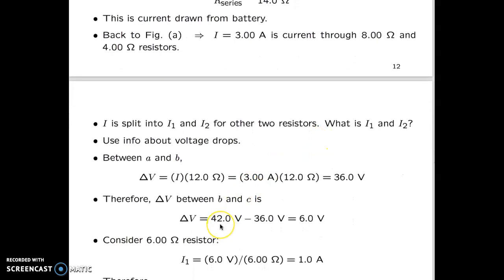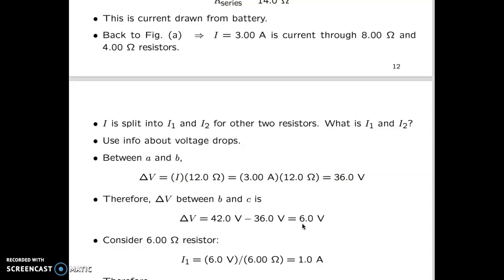So the potential difference between B and C is the difference between those two potential differences, 42 minus 36. So that means there's going to be a 6 volt drop between points B and C.